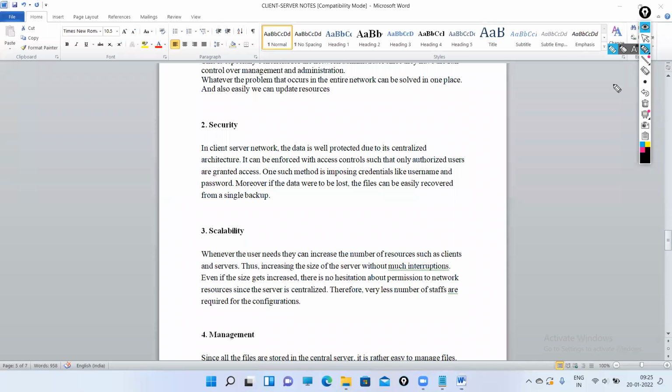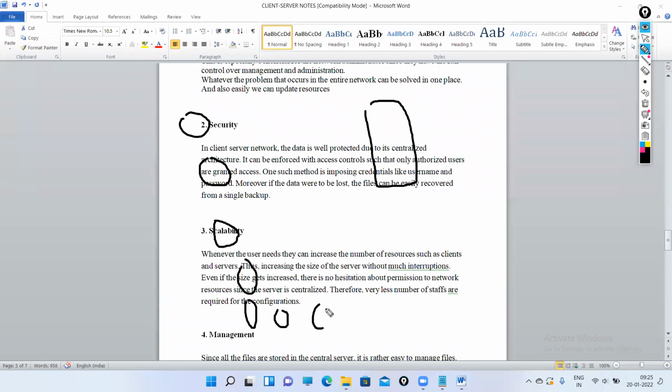For example, here I am using one server with 3 systems only. In future, I want to increase the number of clients from 3 to 10, and at the same time add another server also. Scalability means increasing our number of resources.